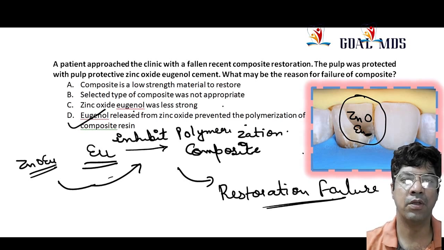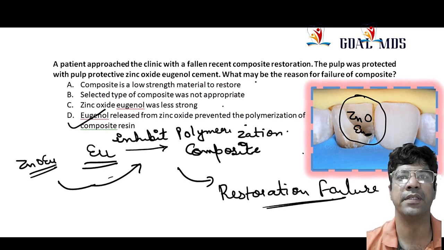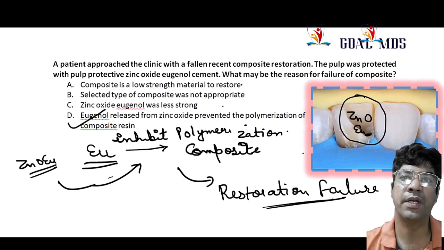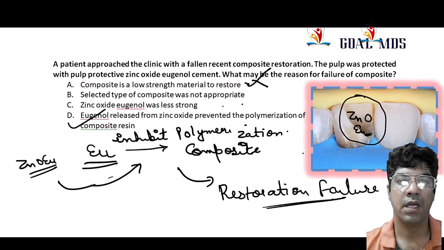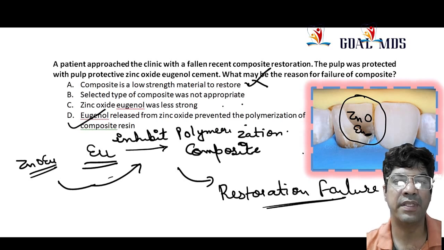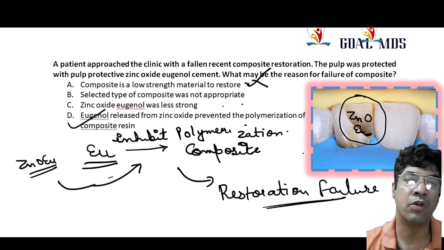Option A, the composite materials are generally designed to have good strength for restorative purposes. So option A is incorrect. Composite selection can play a role, but it is more about the compatibility of the composite with the specific clinical situation rather than a general issue with the composite material.